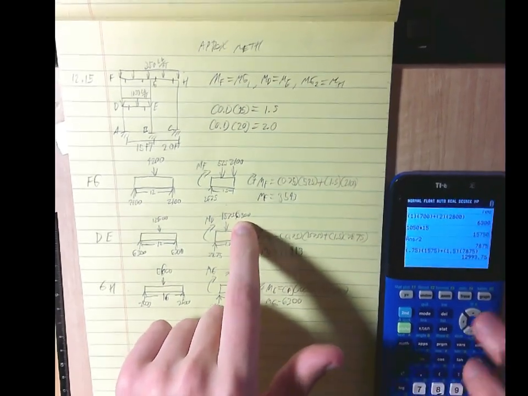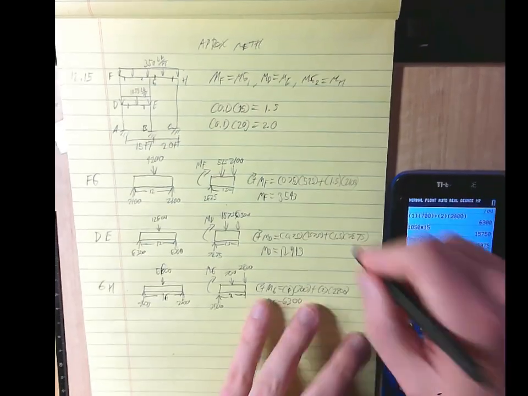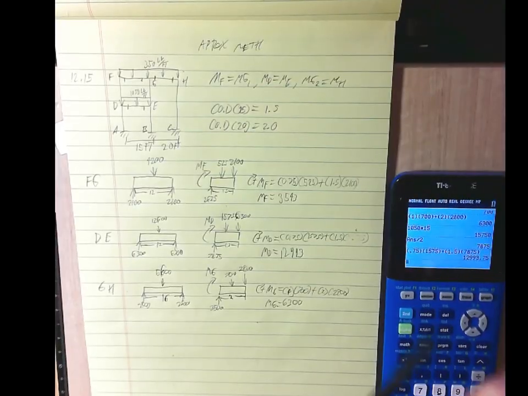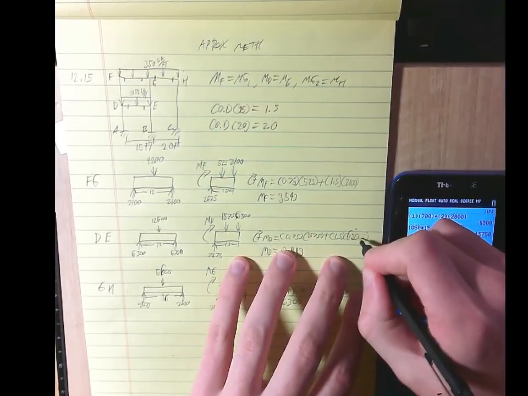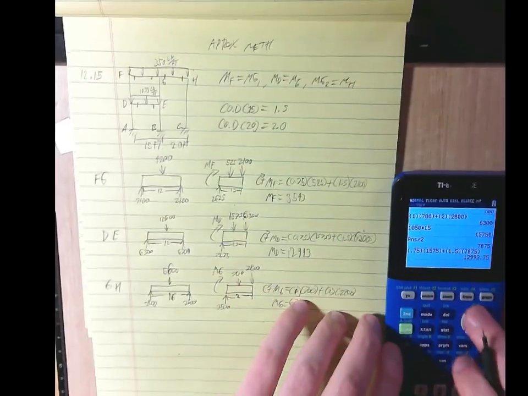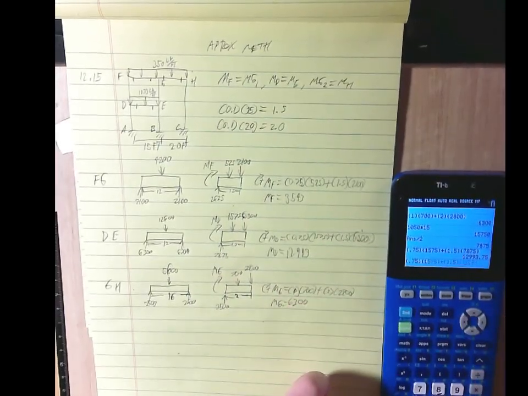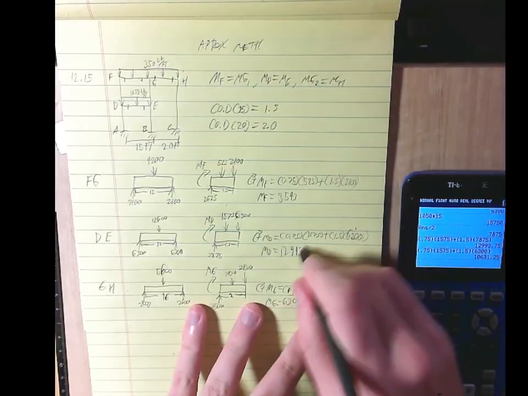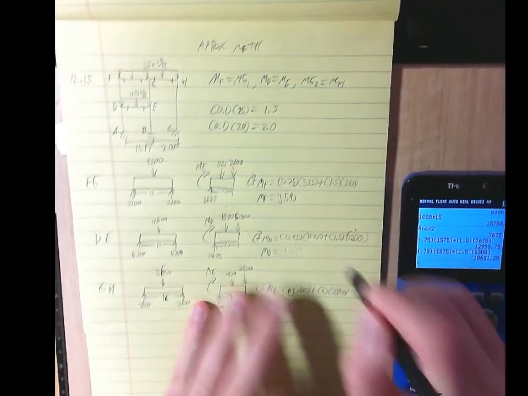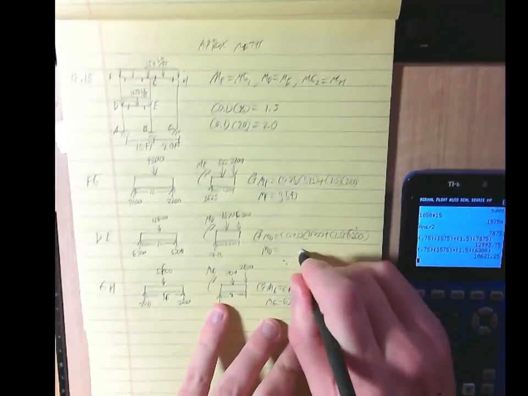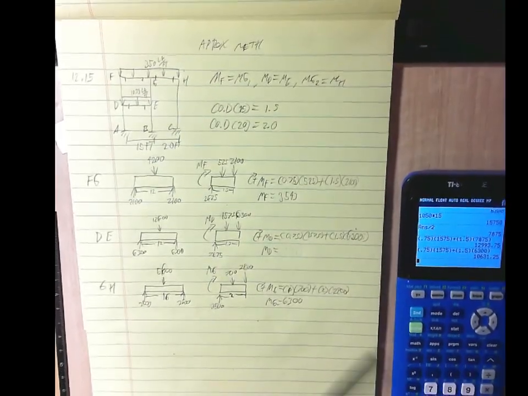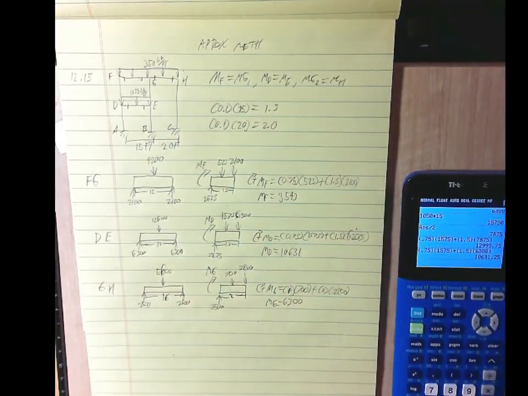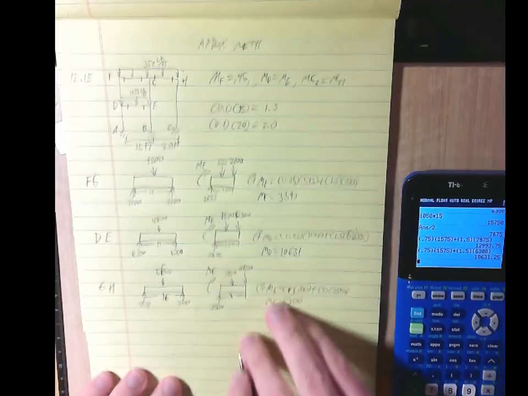Sorry, I put the wrong thing in. Okay, there we go. I knew that number was just not looking right. 10,631. Okay, now we can analyze the joints.